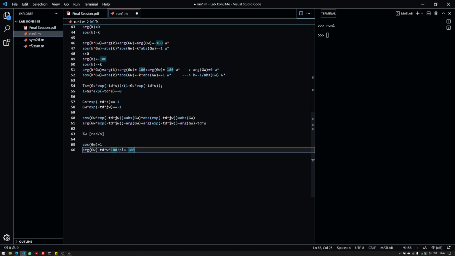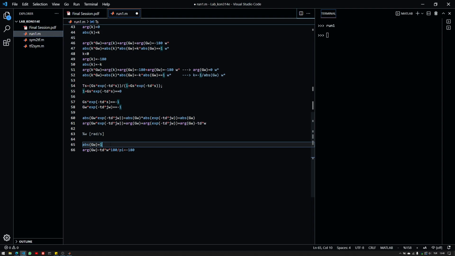So at this point, we can see that the P-type controller has a gain contribution, does not change the angle values. If it's positive, okay, of course. If it's negative, it will bring negative 180 degrees to the phase.